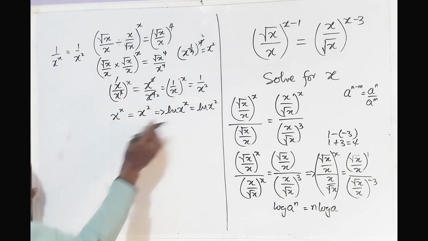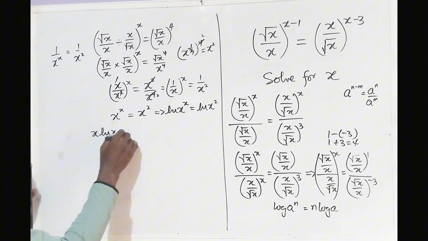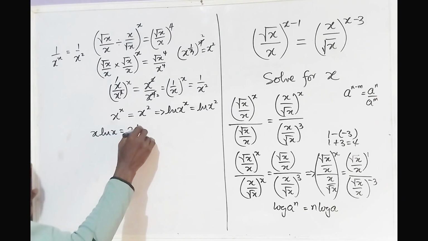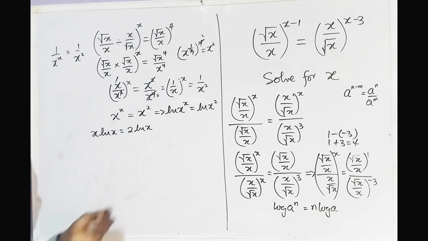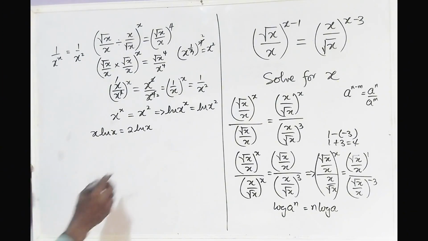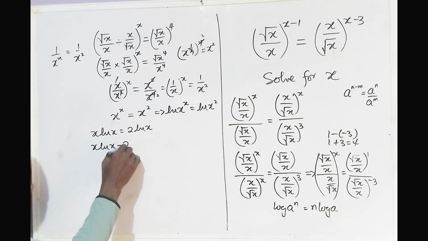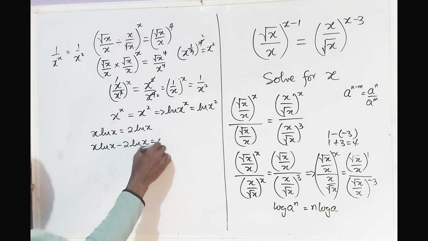So apply that here. We have x ln x equals 2 ln x. Now bring 2 ln x from the right hand side to the left hand side. We get x ln x minus 2 ln x equals what? 0.